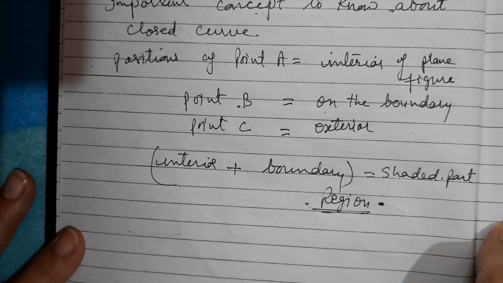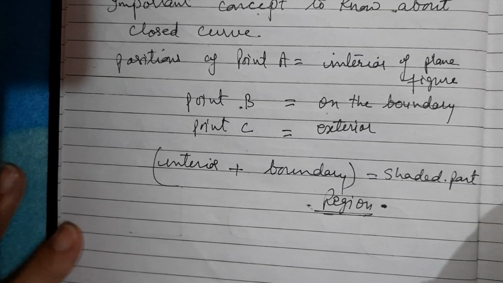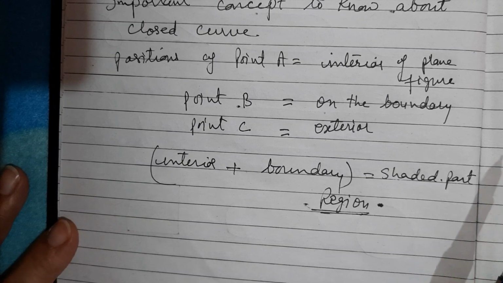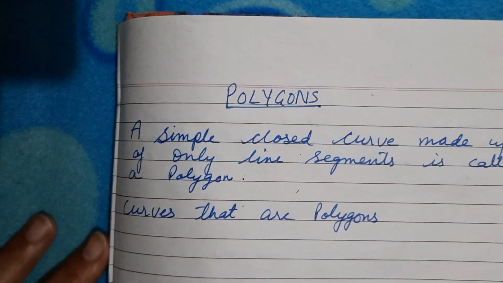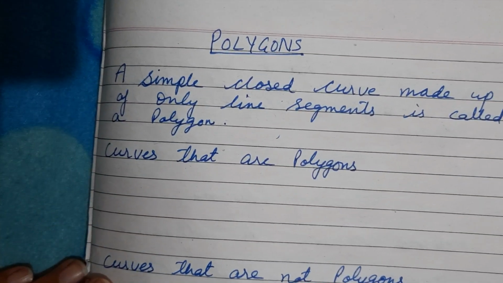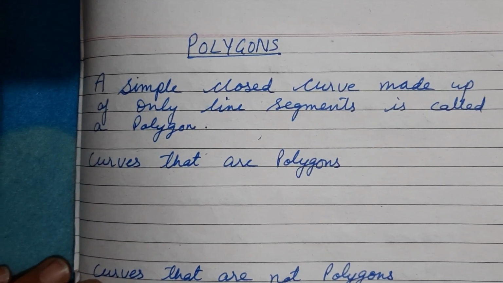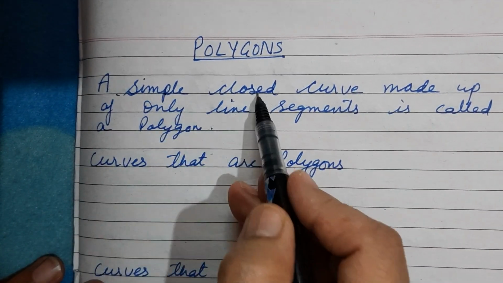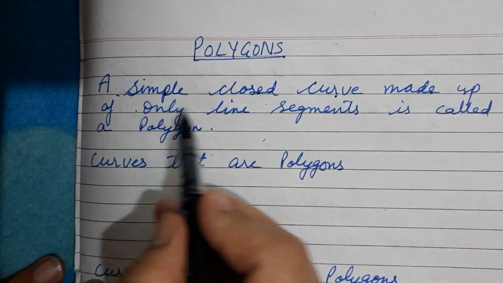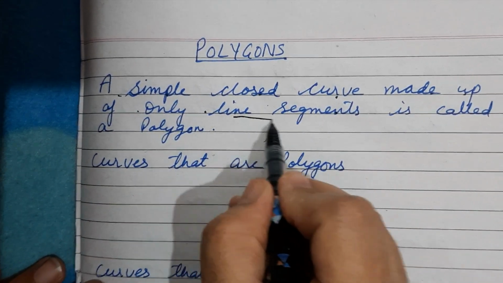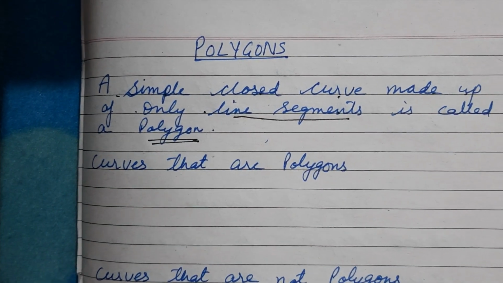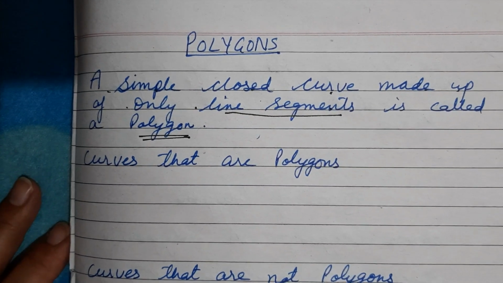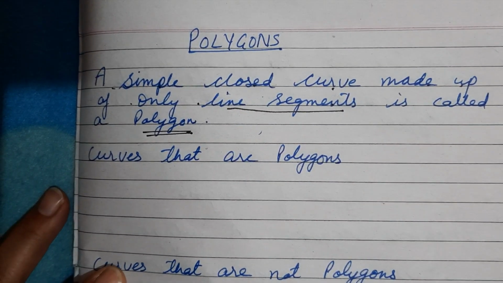So children, we have just seen curves here. They look like random shapes made by random lines. Then we have polygons. A simple closed curve made up of only line segments is called a polygon. So any figure which is made up of straight line segments and is closed is called a polygon.